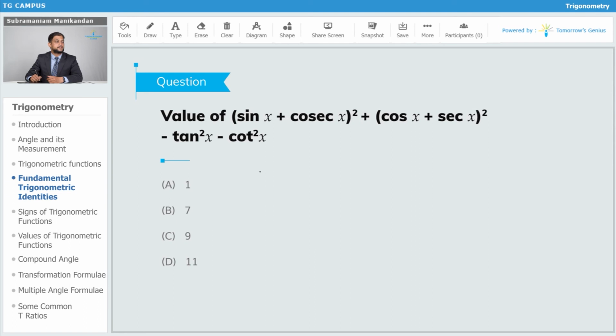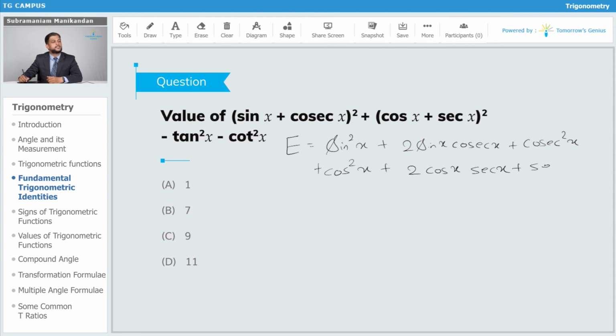So the expression is equal to sin square x plus 2 times sin x cosec x plus cosec square x plus cos square x plus 2 times cos x sec x plus sec square x minus tan square x minus cot square x.